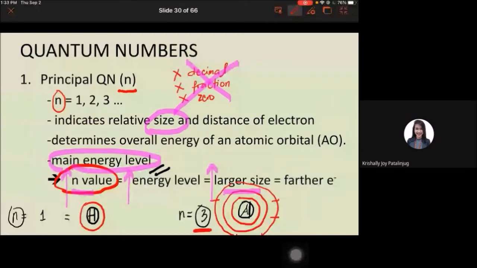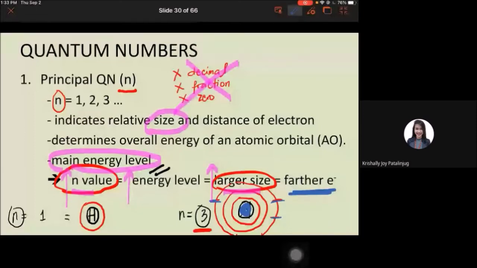Now, with this concept, we can also say na kapag malaki yung size ng atom, kumusta yung mga electrons na nasa outermost part ng atom? Farther, syempre. Kasi nga, palaki ng palaki yung size ng atom, yung mga outermost electrons ay malayo sa nucleus ng atom.